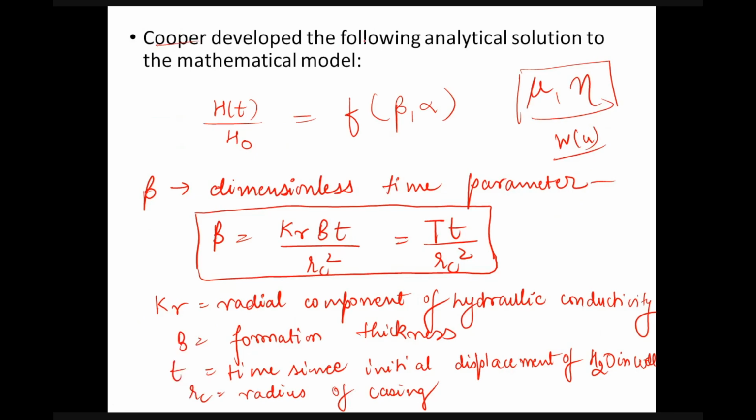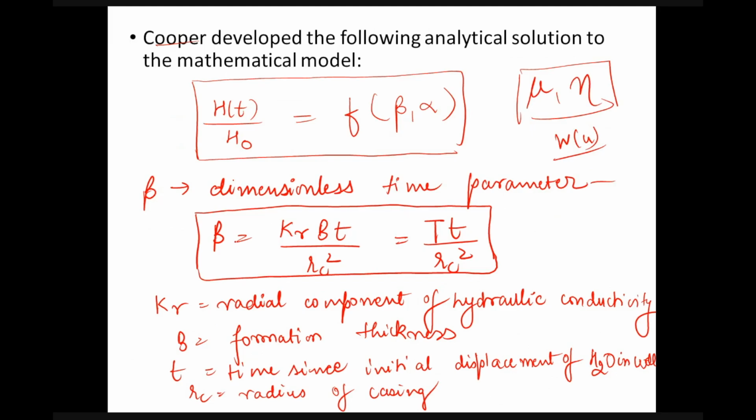Cooper developed the following analytical solution. So what he did, Cooper has given this expression. This is the change of head with respect to time relative to the maximum head that it has risen to. It is a function of beta and alpha. So what are this beta and alpha? Beta is a dimensionless time parameter.